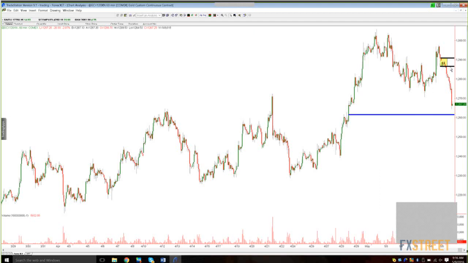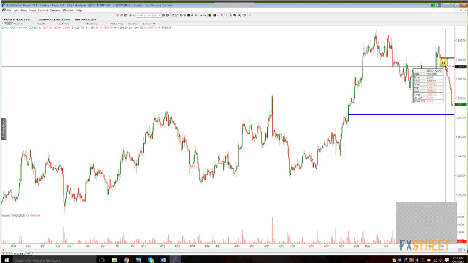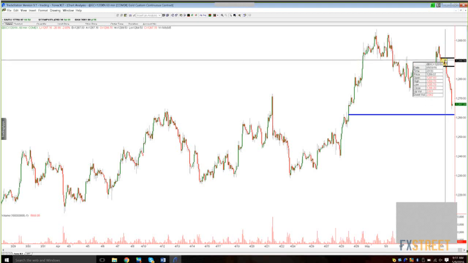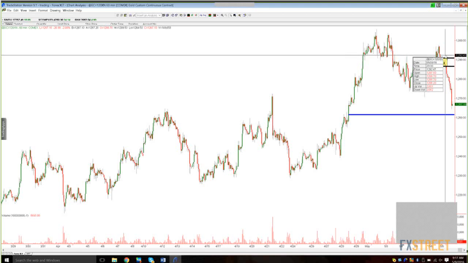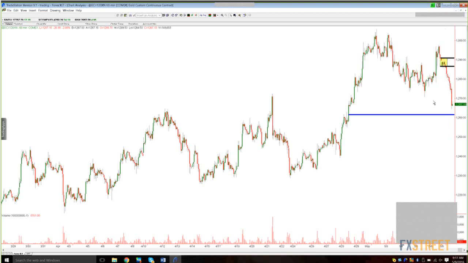Okay. So supply zone entry point right here at 1286.50. Our stop would be 1292 and a target of 1261 to 62, somewhere in there.